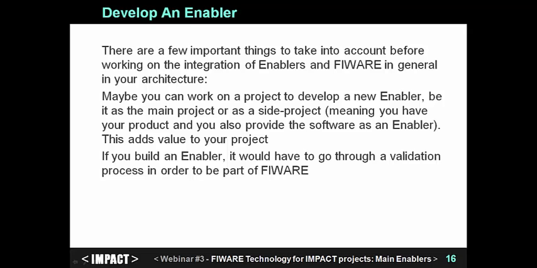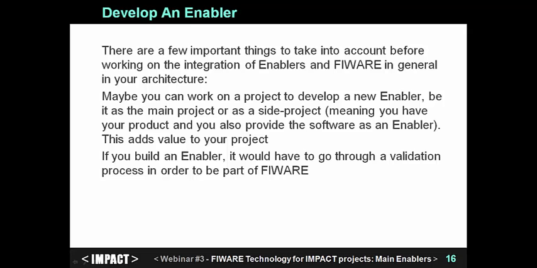The second thing you need to take into account is that, you want to develop an enabler, that's fine, but you still need to follow the requirements that the rest of the projects need to follow. So basically, you need to use FIWARE enablers, FIWARE technology, to develop your own enabler. This is very important.